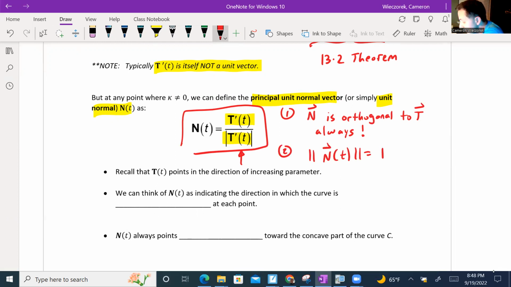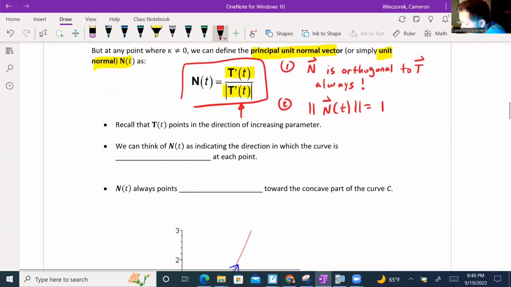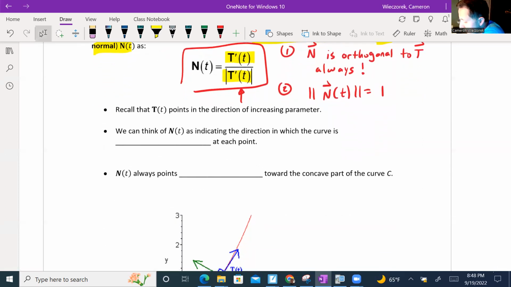So it has constant magnitude, very similar to how capital T of t had constant magnitude of 1. A couple other points. Remember that capital T of t, the unit tangent vector, points in the direction of increasing parameter. We noted yesterday that the unit tangent vector T gives the direction of the curve itself.